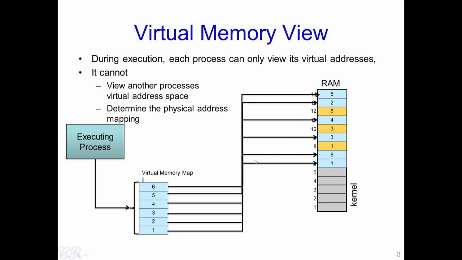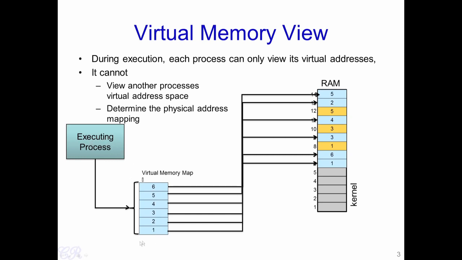So, for instance, if you declare an integer I in your program, you can print out the virtual address corresponding to I, for example, with printf %I. However, it is not possible for you in the user space to determine what the corresponding physical address is for that particular variable I.